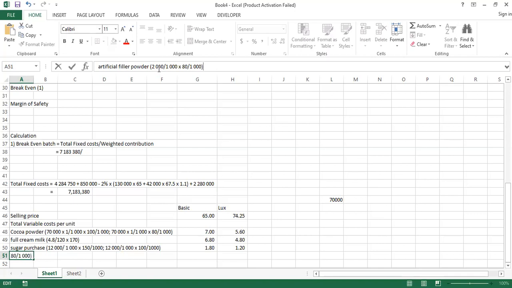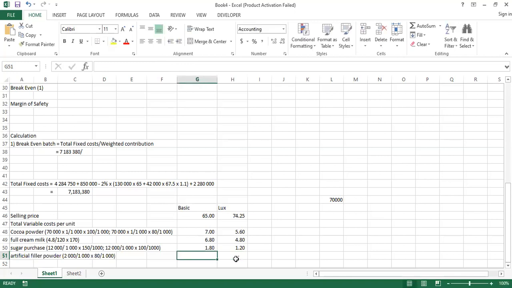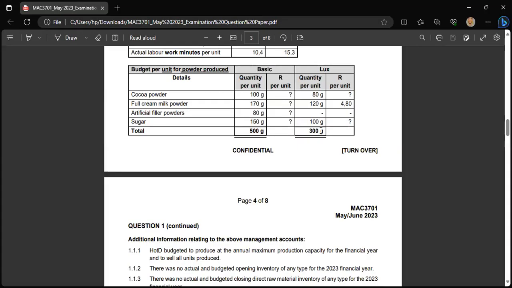We want to know what this gives us per unit. So it's 2,000 divided by 1,000 times 80 divided by 1,000, which is 0.16. That one is only applicable to basic, it's 0 on the other, so we leave it blank there.